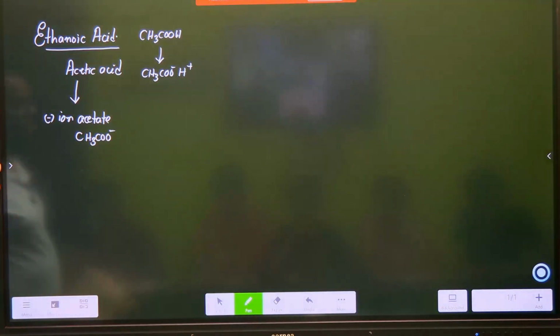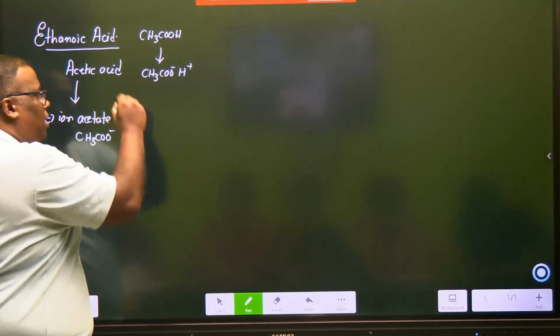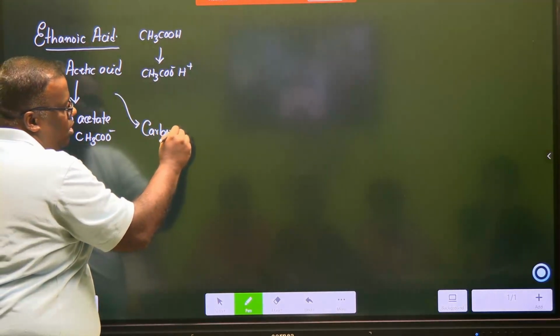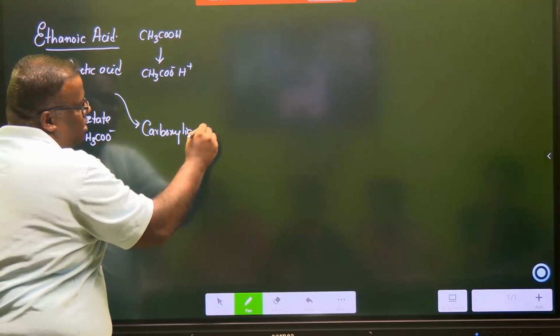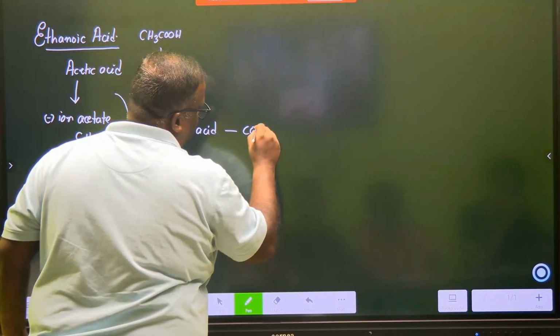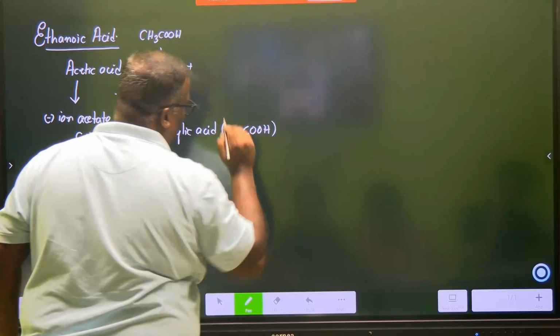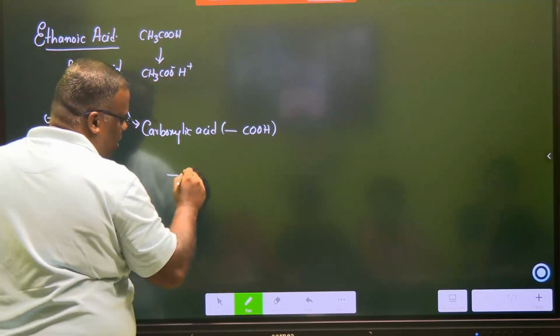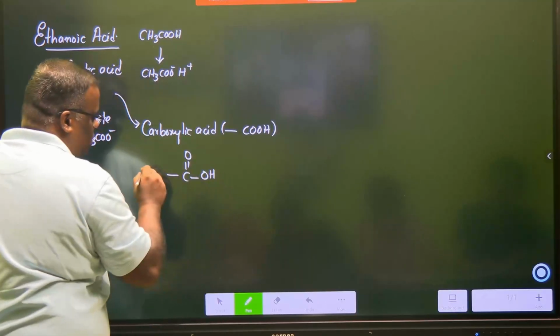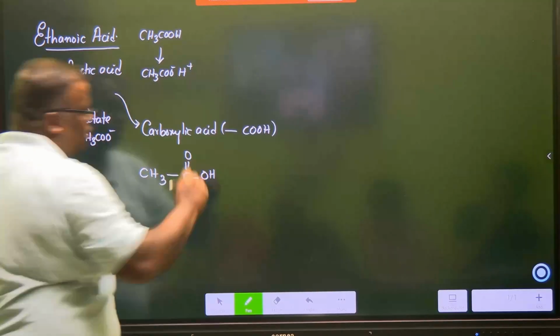Okay? We study this acid as a part of the carboxylic acid group. What is a carboxylic acid? Something with a dash COOH. So how does it look? Something C double bond O, OH. And who is pairing here? CH3 is pairing here.